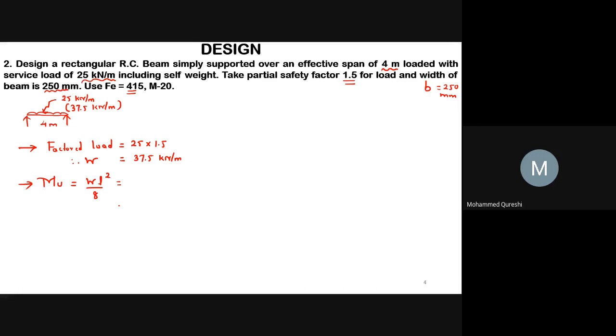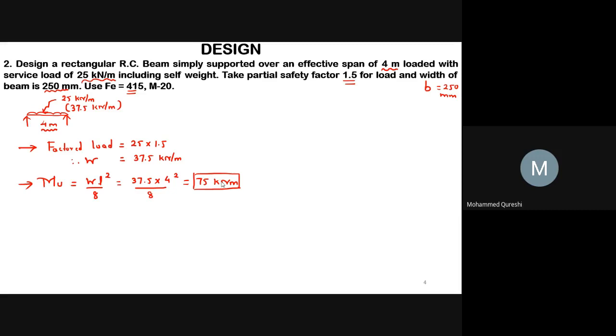Hence your Mu equals to W, W is nothing but 37.5 into L. L is given as 4 meter effective span, hence 4 square divided by 8. So you will get the value of Mu as 75 kilonewton into meter. So this is the value of Mu.